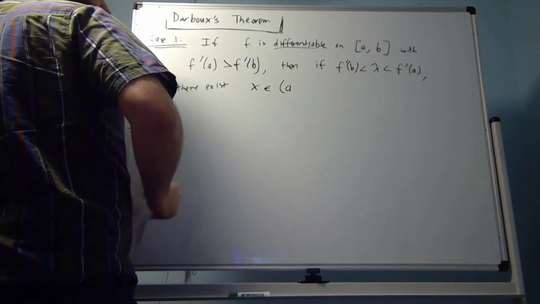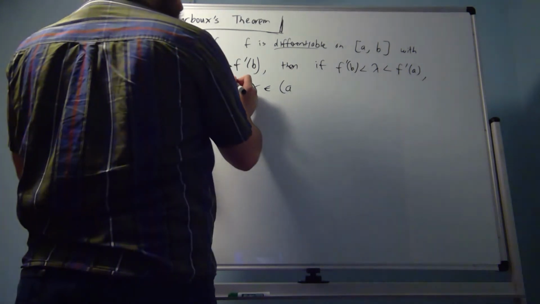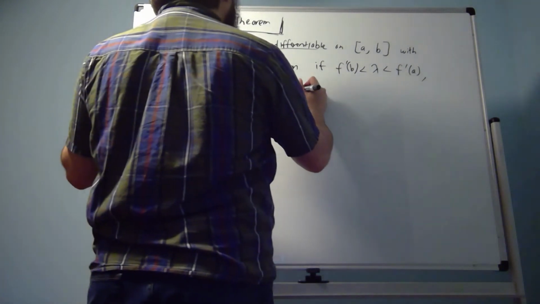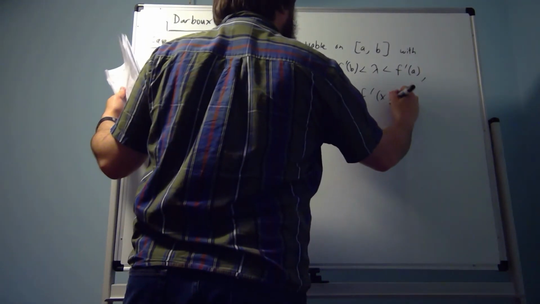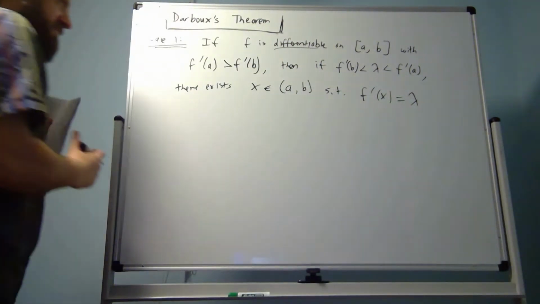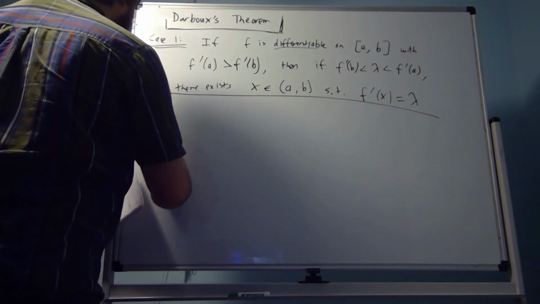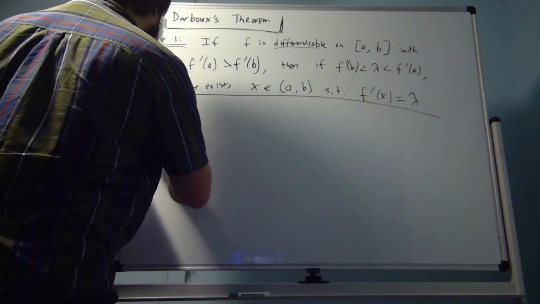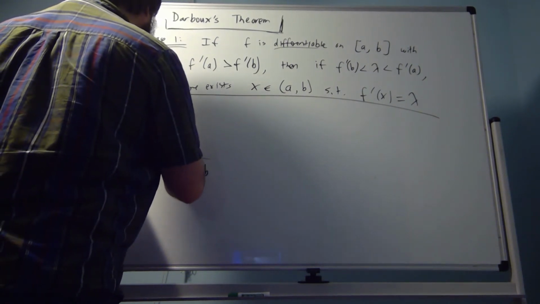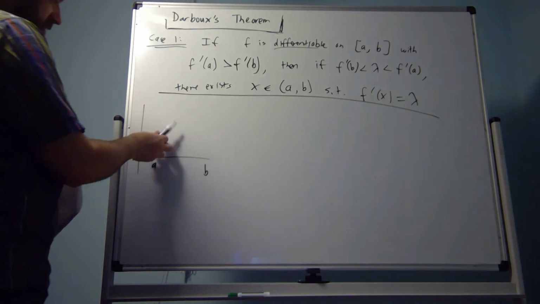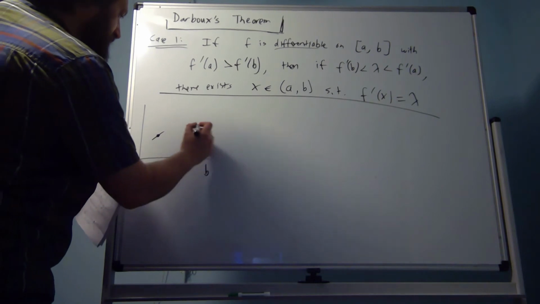So if we pick a number in between f prime of A and f prime of B, then there exists an x in the interval from A to B such that f prime of x is equal to the intermediate value lambda. Okay, so we've got A, we've got B. So f prime of A, they could both be positive, they could both be negative, and the argument's going to still work.